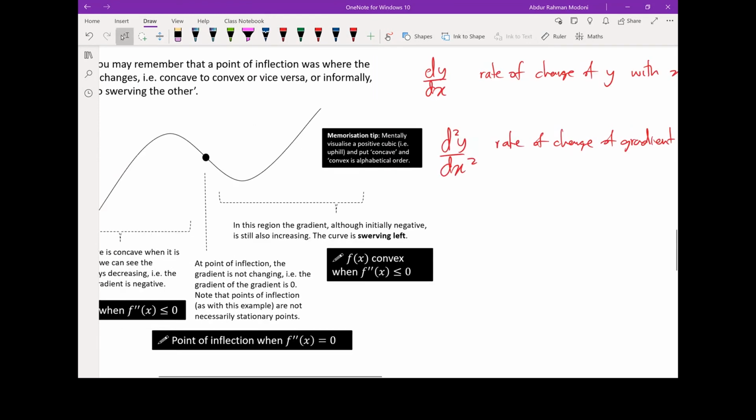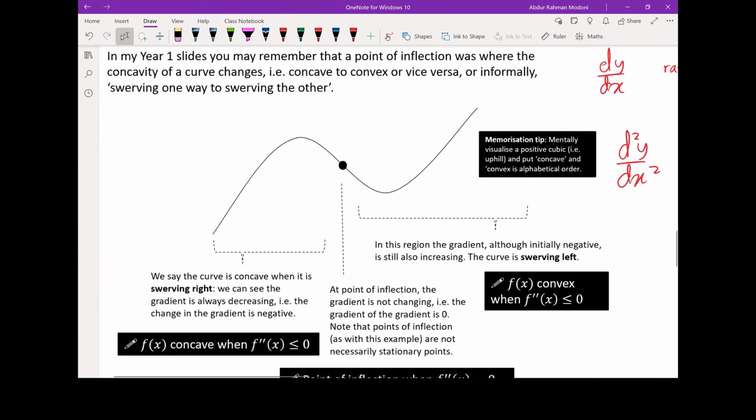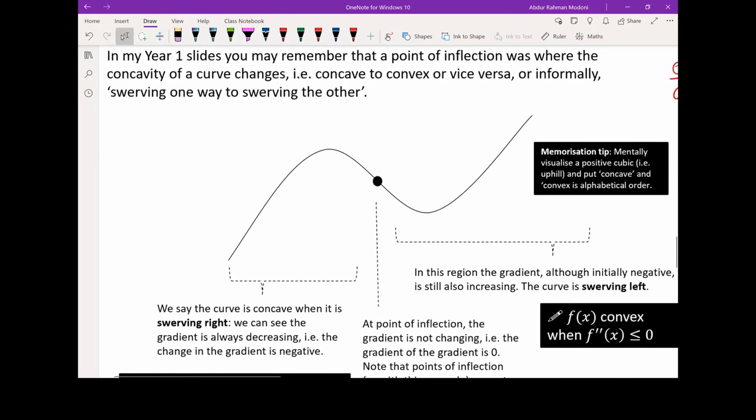Look at this little curve here and understand what's happening. First of all, gradient is represented by tangents, small tangents at each point. So if I drew a tangent here, if I drew another tangent here, if I drew another tangent here, what do you notice about the gradient at each of those points?